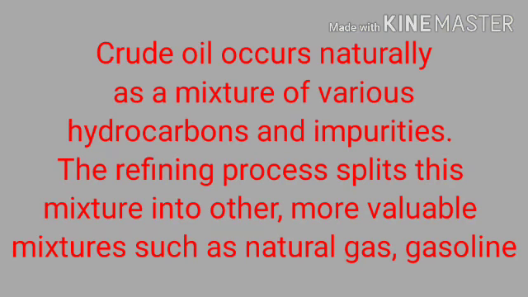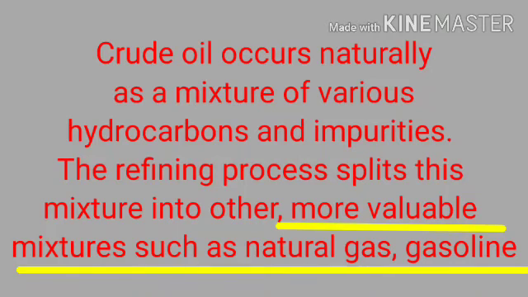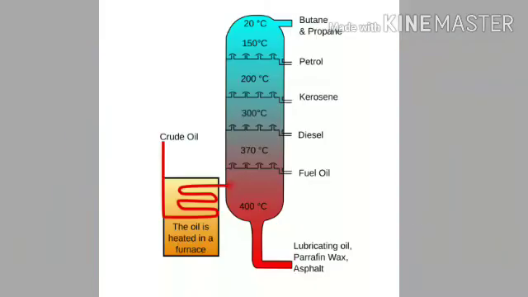We all know crude oil occurs as a mixture of hydrocarbons, hydrogen and carbon. The refining process splits this mixture into other valuable mixtures such as gasoline, natural gas, etc. Petrol and diesel are also mixtures, but they are separated from crude oil.